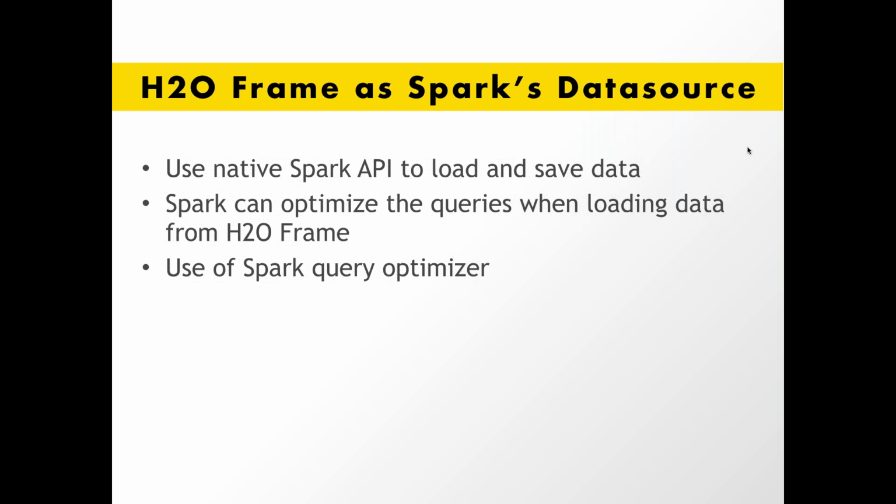So, for example, when we ask for the number of rows, we don't actually load any data. We just count the rows. When we ask for just 2 columns out of 10, we don't load all the columns, but just those 2 which we actually need. So we are trying to be smart as Spark is and utilize the Spark API as much as we can to really play nicely with what Spark offers.